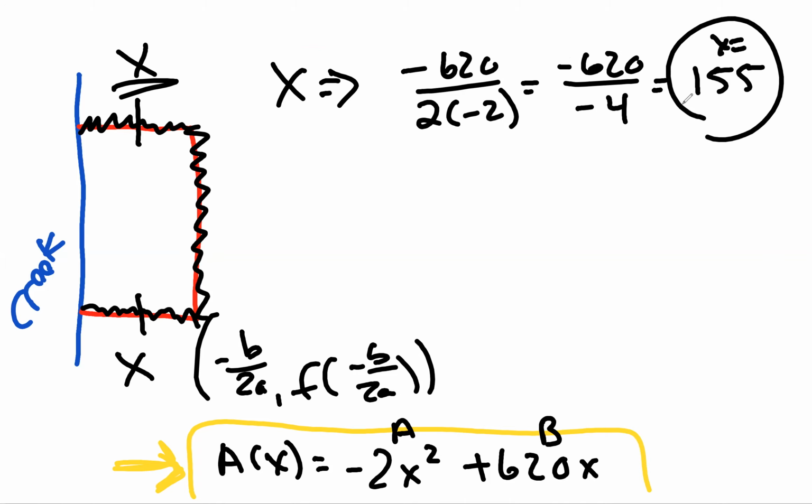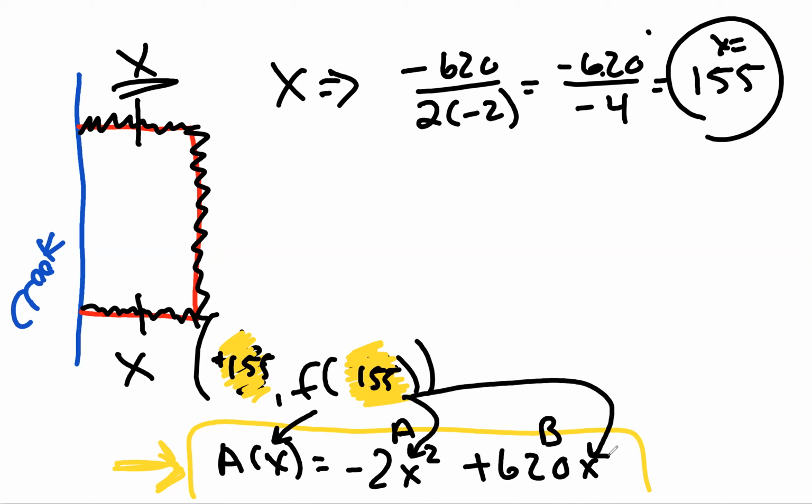And so what I can do is I can get rid of all this nasty stuff, and it's just the number 155. Now, when I go to find my y value, I can just say, hey, it's a of 155. And so in my formula, everywhere I see the value x, I'm going to replace it with a 155.